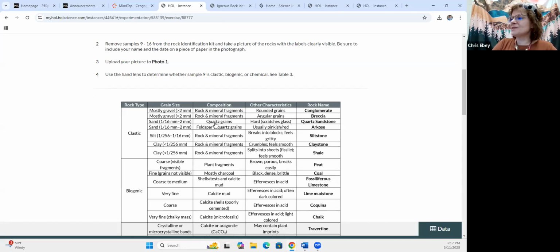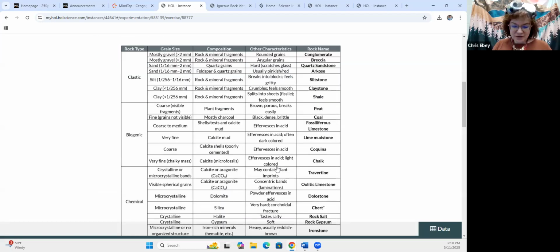How you can tell your composition has quartz grains versus feldspar grains. Quartz grains tend to be yellowish or whitish, whereas feldspar can be all sorts of different colors. So if you see a mix of different colors, that's probably a good sign that you're looking at a lot of feldspar.